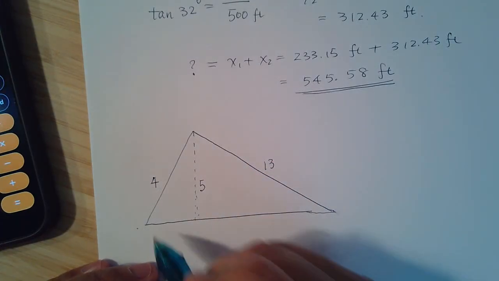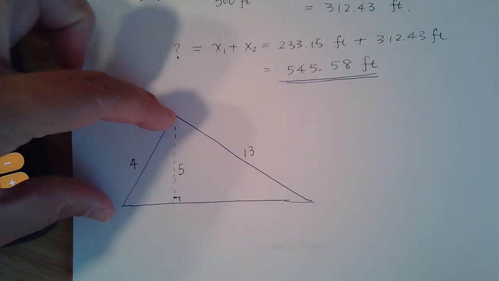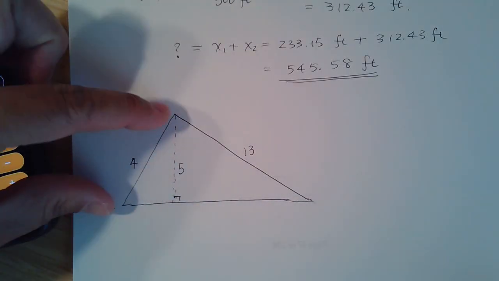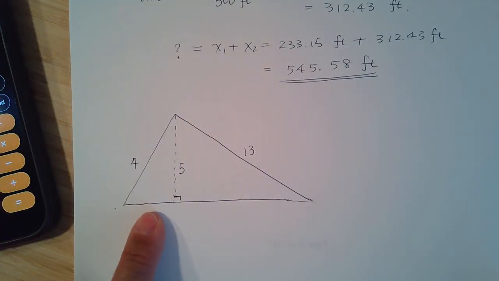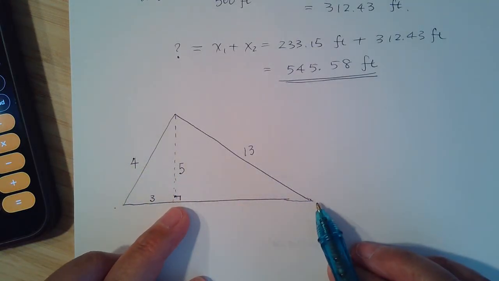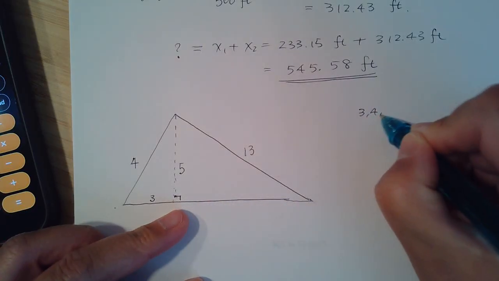Okay. Can you find all those 3 angles? This is vertical. If I only give you 4 and 13, you cannot do that, right? But however, if I give you 4 and a 5, can you find this side? Yeah, 3, 4, 5. Remember that? So this is a 3. And can you find this side too? Yeah, because of, okay, so 3, 4, 5.